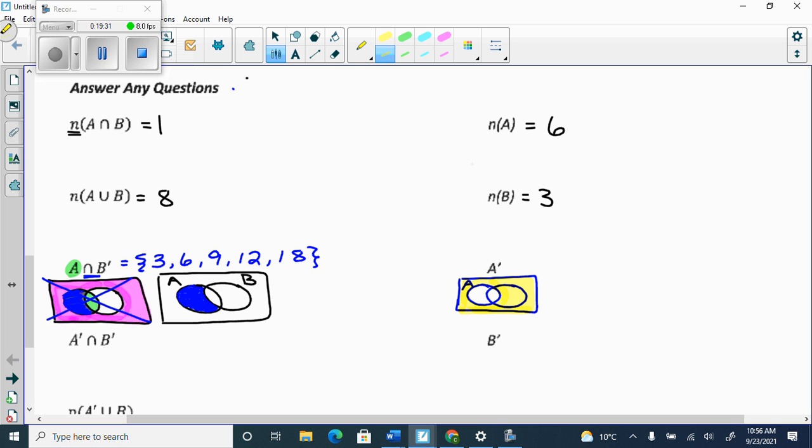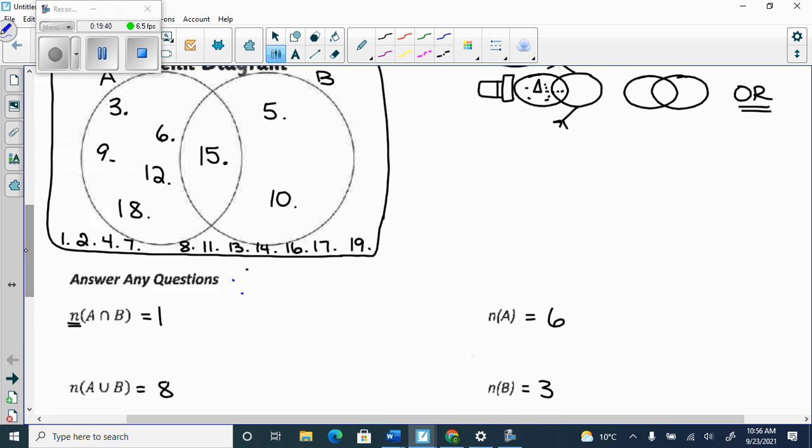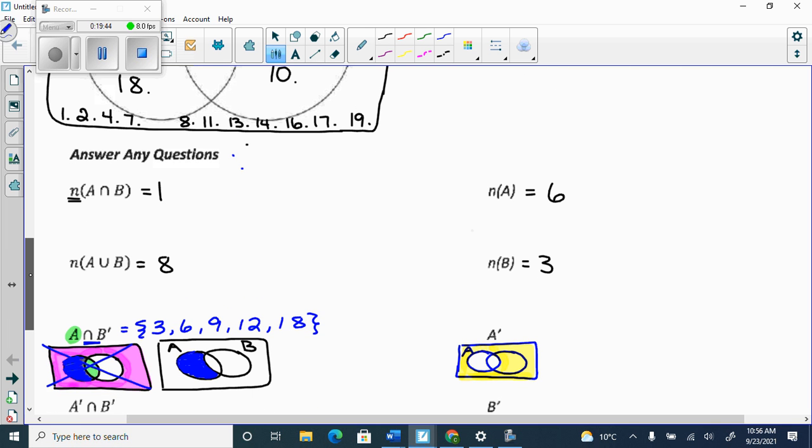So now I list everything that's not in A. So I go back to my chart and I list everything not in A. Well, it's a lot of stuff. The only thing in A is 3, 6, 9, 15, 12, and 18, right? So I'm going to list everything else. I'm going to list 1, 2, 4, 5, 7, 8, 10, 11, 13, 14, 16, 17, and 19.